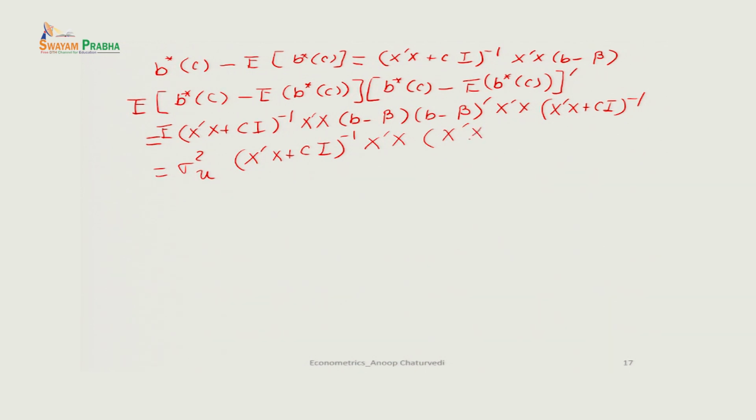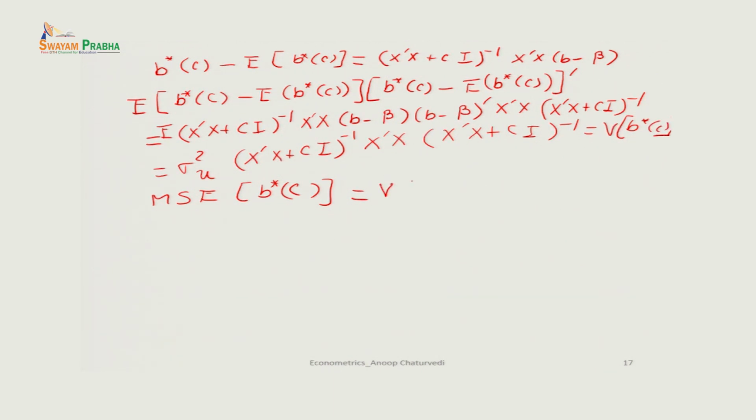Again you have x transpose x plus C I inverse. So, this is the variance covariance matrix of B star C, and then the MSE matrix of B star C is equal to, say suppose we denote it by V B star C.